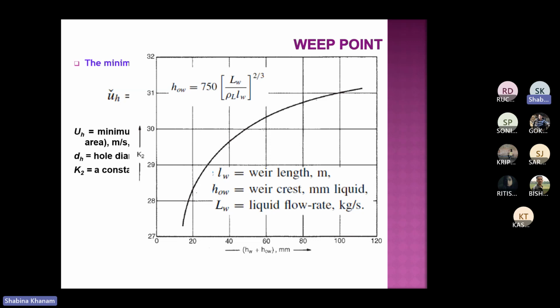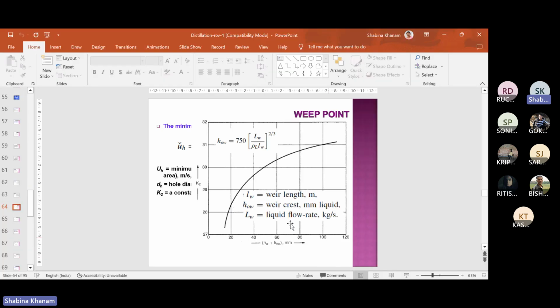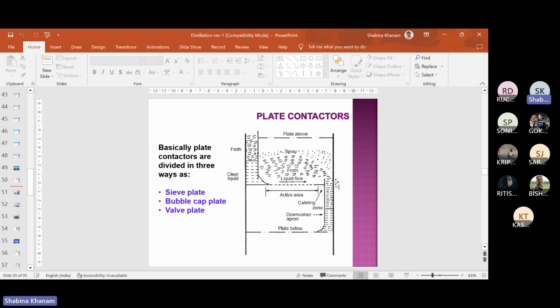So the point is, what is HOW physically? If you consider this schematic, that is HW, the weir height. And HOW is what? It is when liquid is passing through this plate and moving down to the downcomer section.